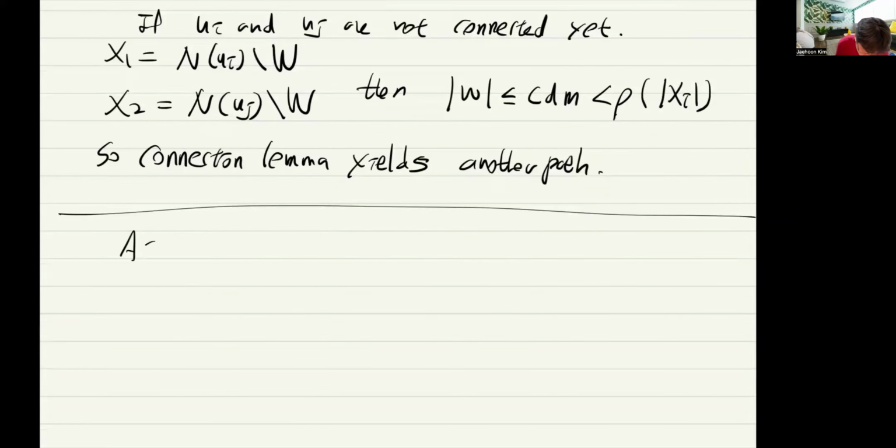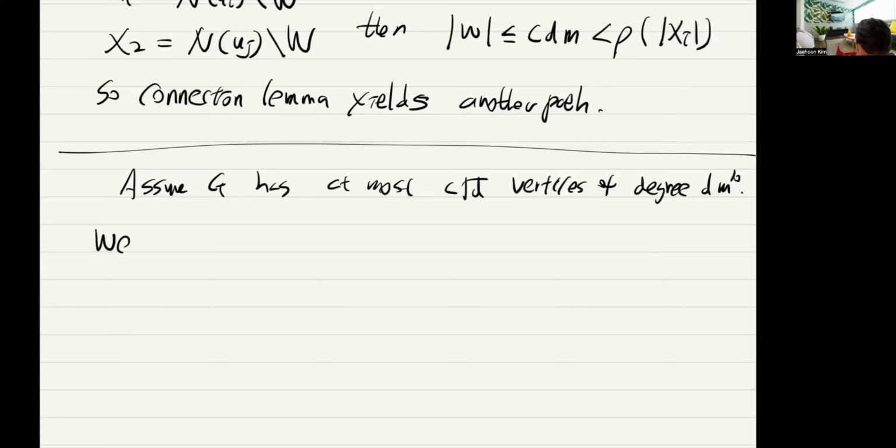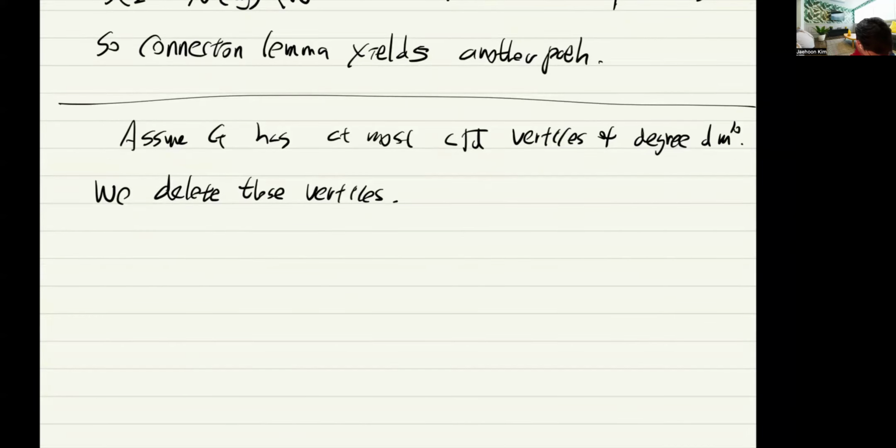So we assume that we had at most c times square root of d vertices of this degree. Then what do we do? We delete those vertices to get the maximum degree condition. But what do we know? The original graph G has a minimum degree at least d over 2.